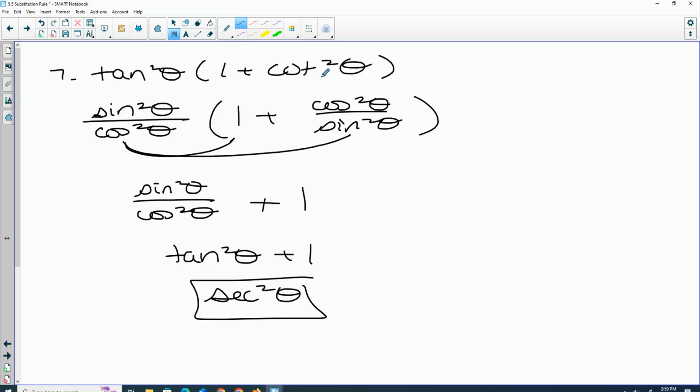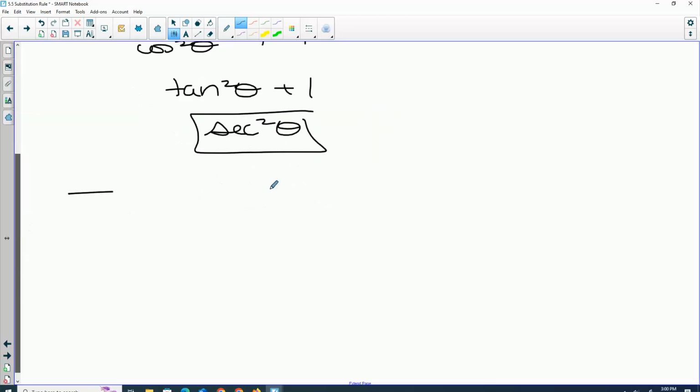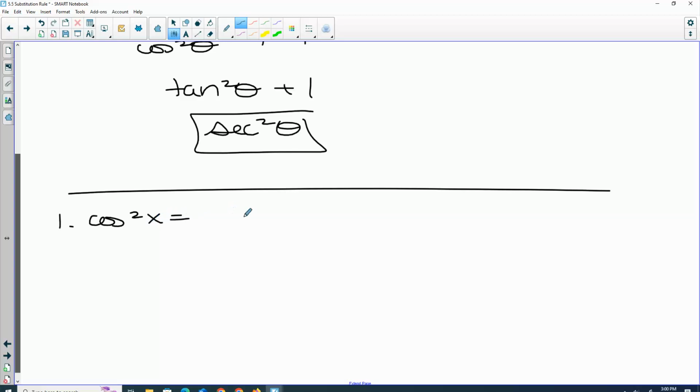Alright. Are those okay? Alright, so the first 6. Mostly just recognizing identities, but a couple that you had to think about a little bit more. Problem 1, this is something we have used a lot. Cosine squared is equal to, that's our Pythagorean identity, we use it all the time. Number 2, 1 over cosecant.